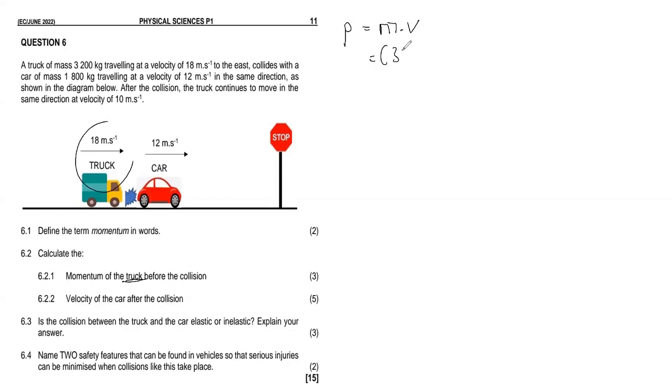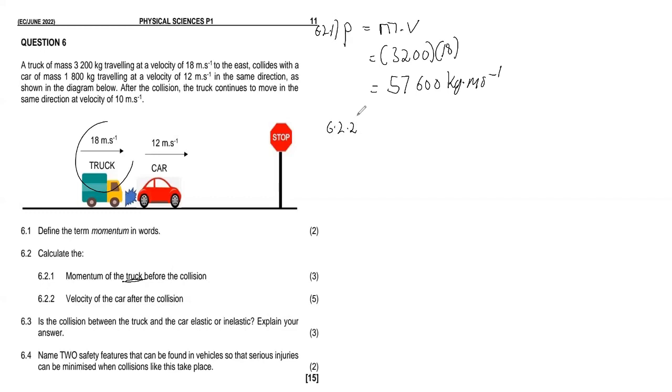The truck has a mass of 3,200 and its velocity before the collision is 18 meters per second. When we multiply the two, we have 57,600 kg meters per second, right? And then we know with the 3-mark question, we need formula, substitution, and the answer. Then this is 6.2.1.